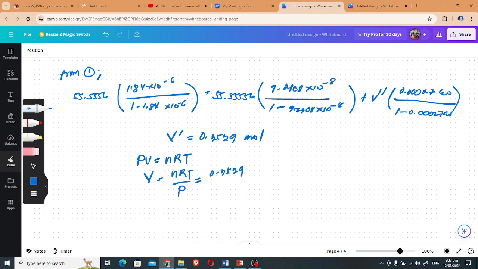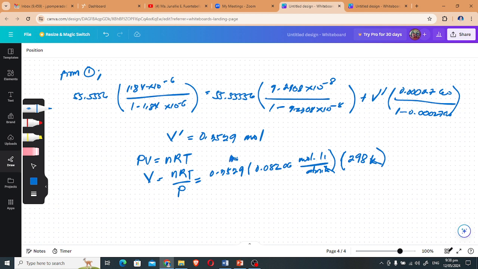Oh, sorry. This should be 0.3529. So that would be for the n. This one we use the n, then we use the R, 0.08206 liter atm per mole Kelvin. Then we have the temperature, which is assumed to be standard room temperature, so you have 298 Kelvin. So we get to cancel the Kelvin unit.